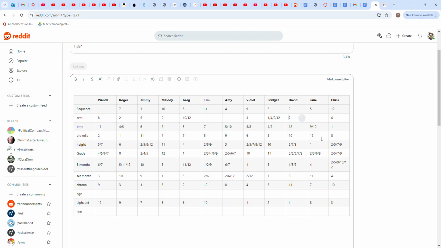Once we know this, we can eliminate 5 from the possibilities for Jimmy's grade and for his height. We can also eliminate the 7s from David's height as a possibility, and we can eliminate it here as well. And we know that David was not in the 7th grade during that particular scene.